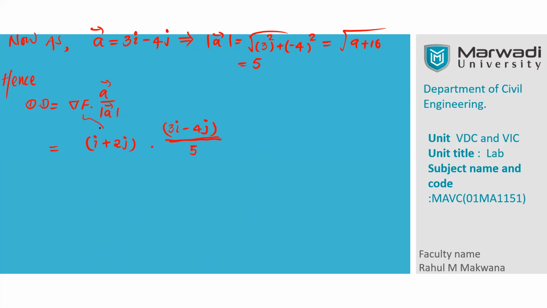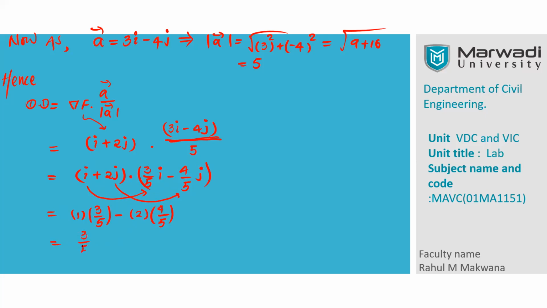So this is i plus 2 times j dot 3 by 5 i minus 4 by 5 j, the dot product of two vectors. i square is 1, so we have 1 into 3 divided by 5, plus minus. j square is 1, so we have 2 into 4 upon 5.